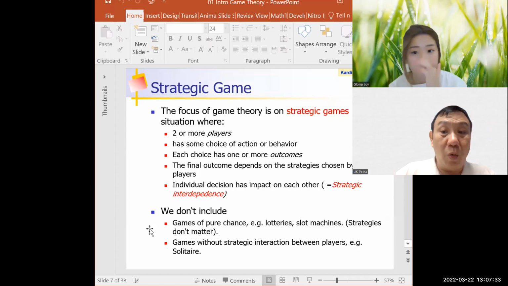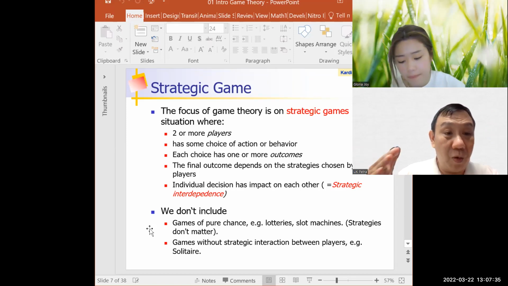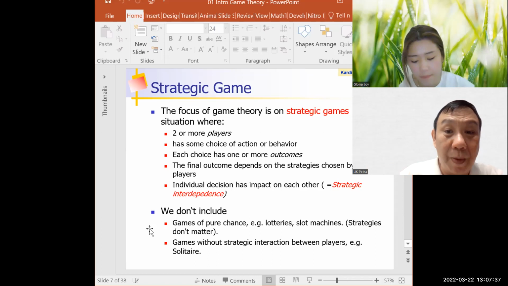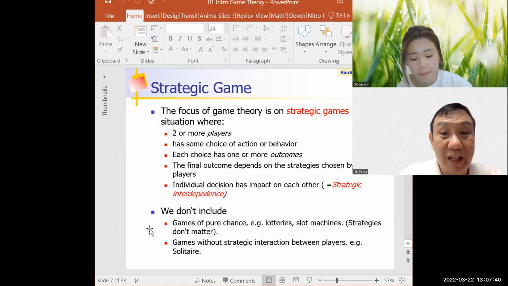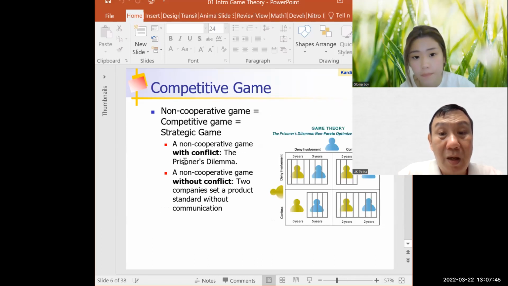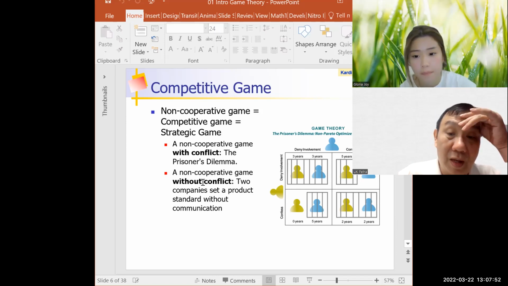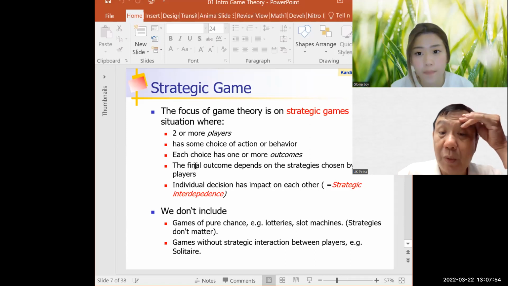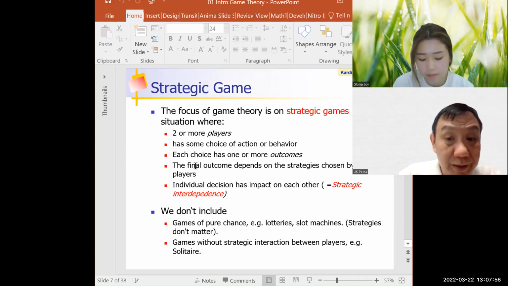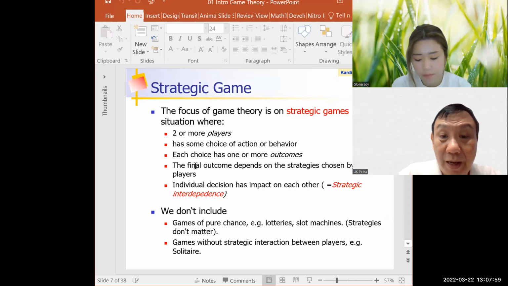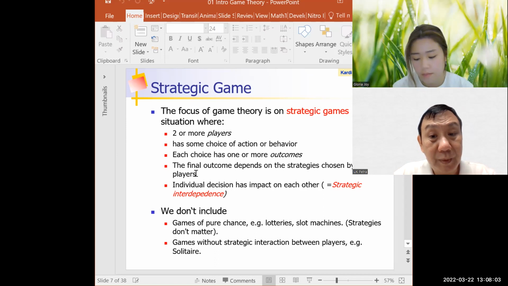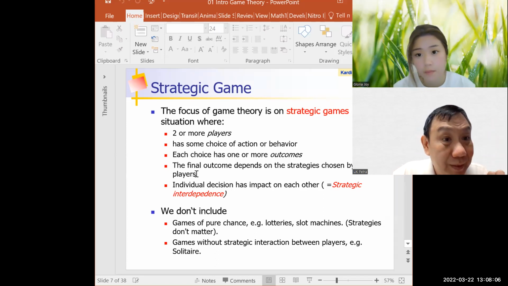Okay, so let's focus. Most of our focus in this lesson in game theory is on the strategic game. What is that again? Strategic game is a non-cooperative game with conflict. So most of our situations are here. You have two or more players, and there are some choices of action or behavior, and you have outcomes.